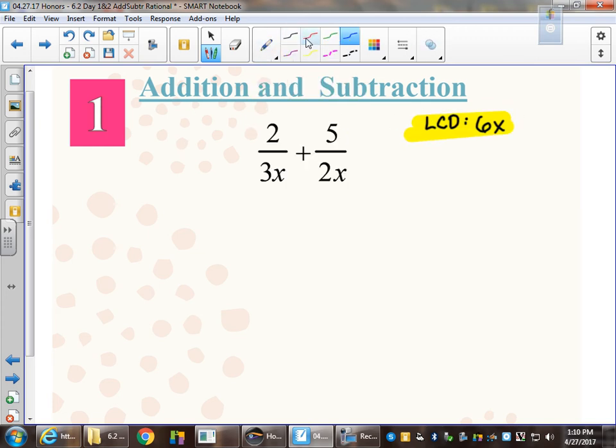And I can accomplish that by multiplying this fraction by 2 divided by 2, and the second fraction by 3 divided by 3.